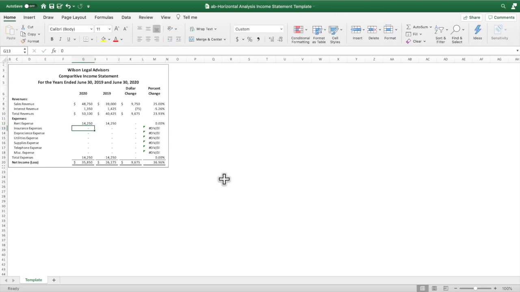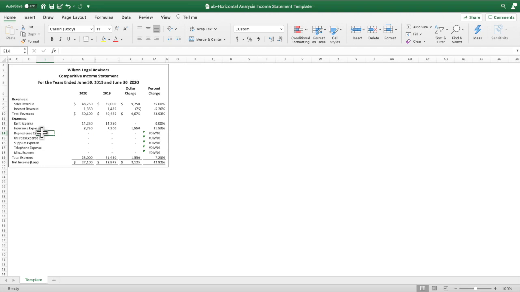So we have no percentage change there. Our insurance expense was $8,750 in 2020. In 2019, it was $7,200. So we will have a 21.53% change there.